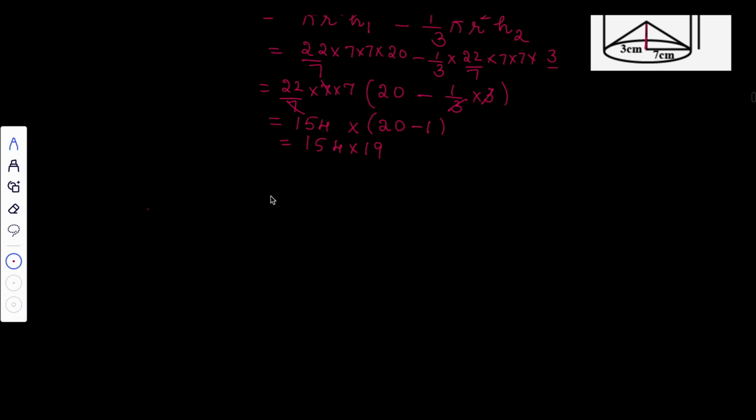When we multiply, 154 into 19 is 2926 centimeter cube.